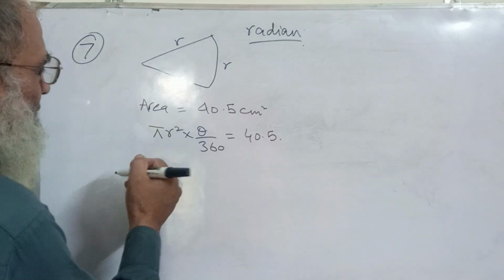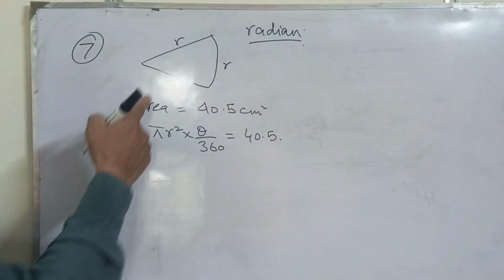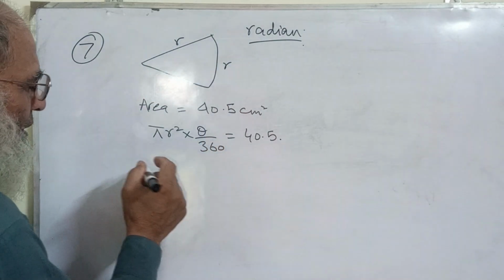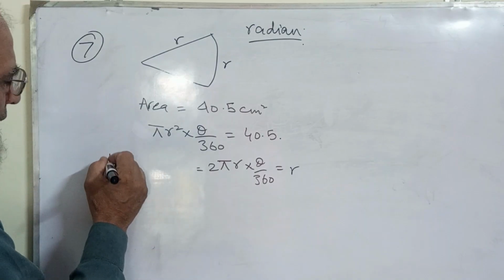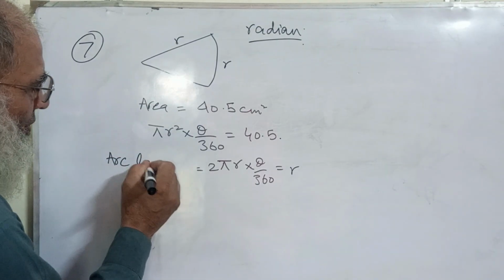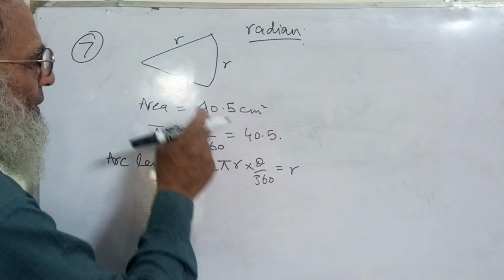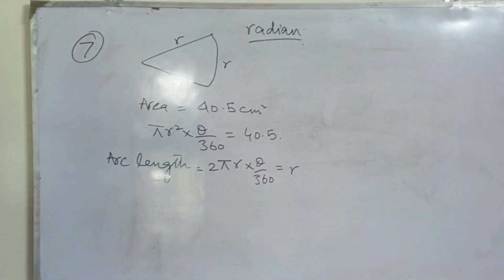Now you see, we have a sector with radius r and arc length r. So for the arc length, what do we do? Arc length is equal to 2 pi r into theta upon 360, which is equal to r.